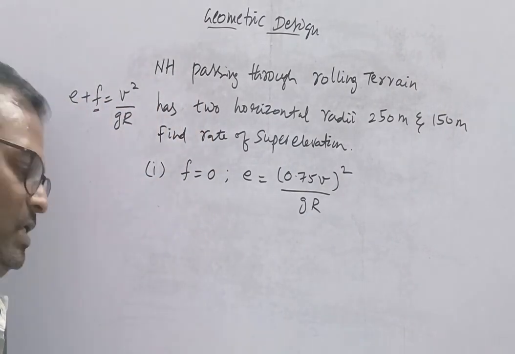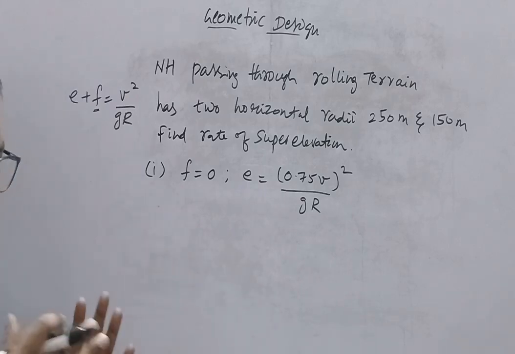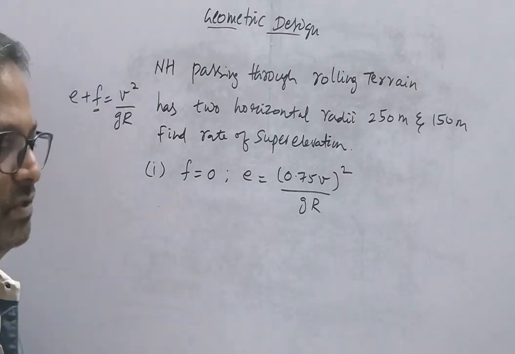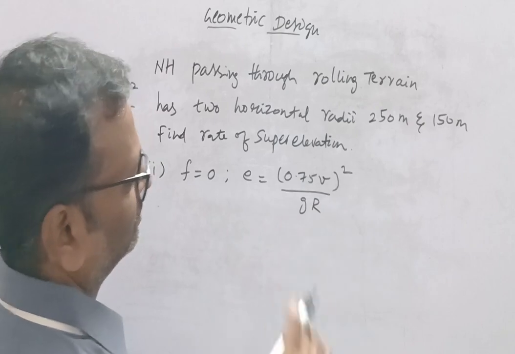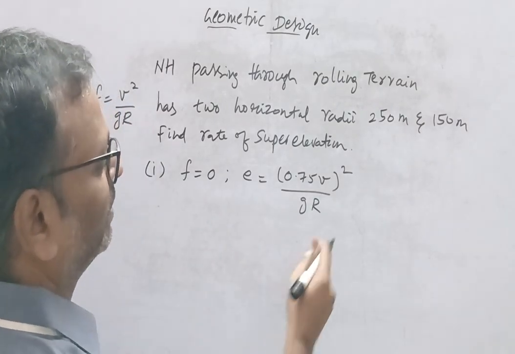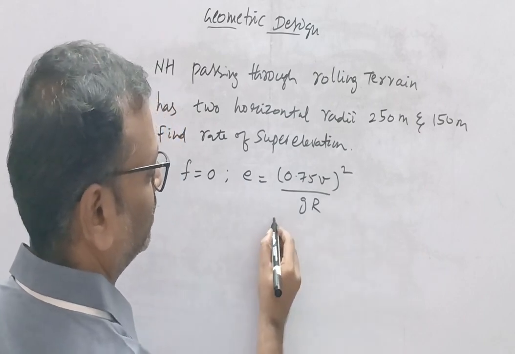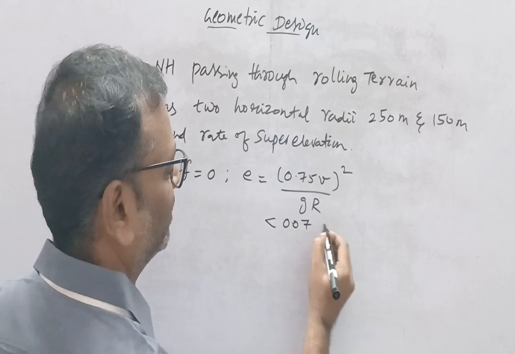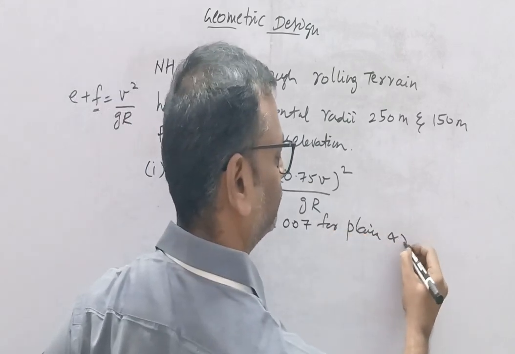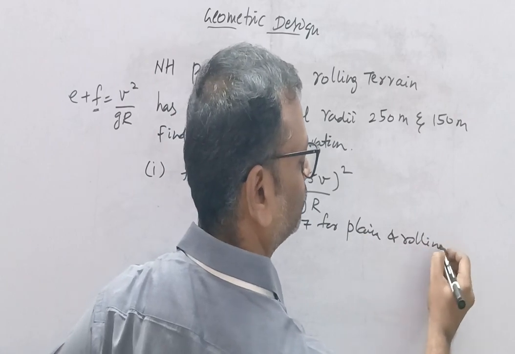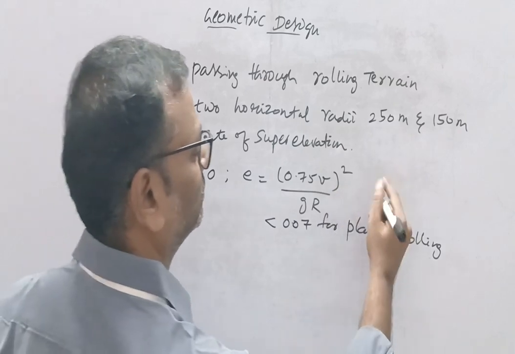We know at the horizontal curve, generally the speed of the vehicles will get decreased because there is a curve. So we have taken 75% of the original speed, and we will calculate. If this value is less than 0.07 for plain and rolling terrain, then whatever the value comes here, you adopt that.